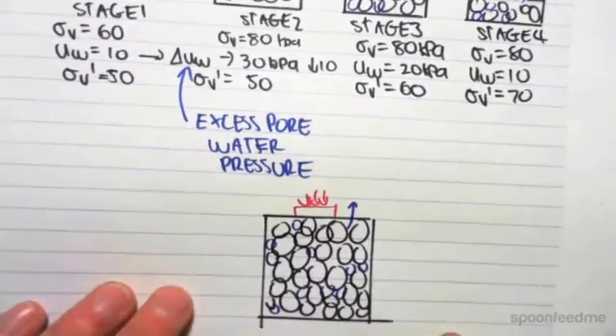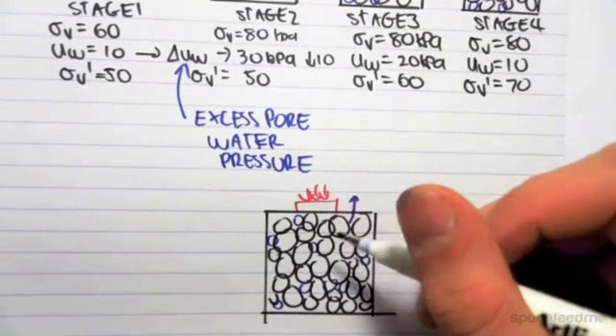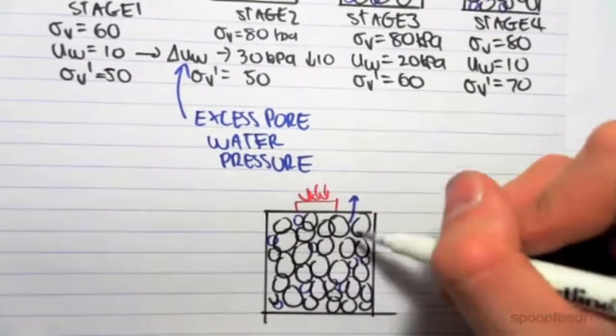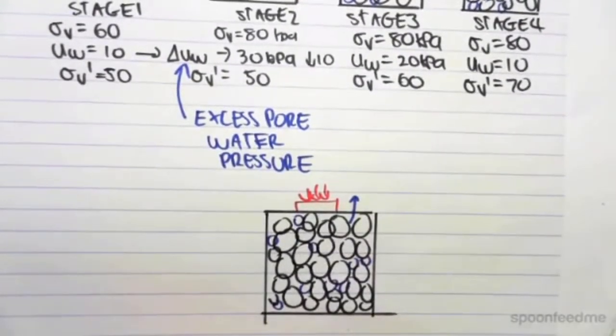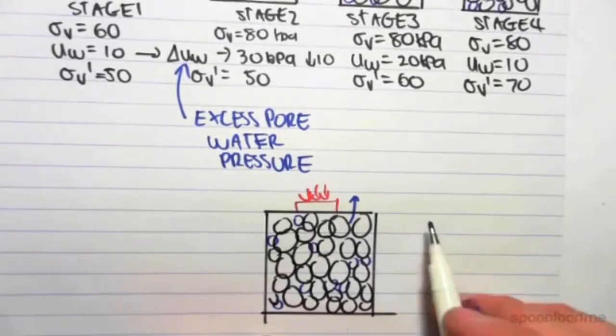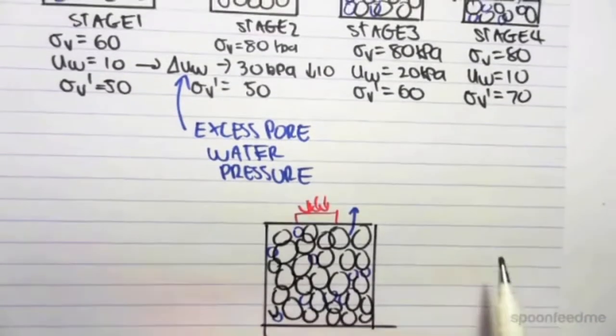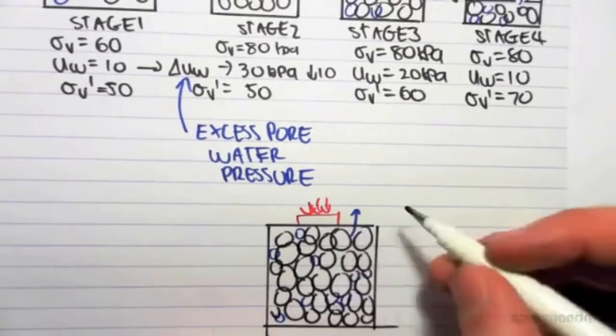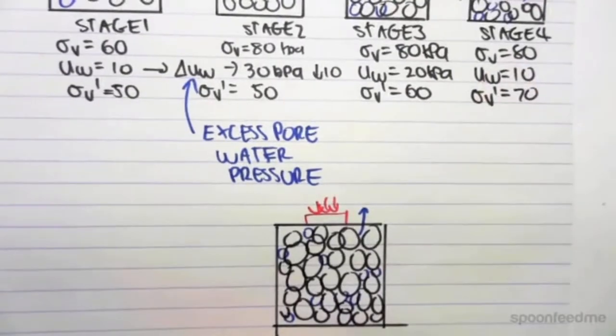Because the clay particles are so fine and so close to each other, it takes time for the water to escape, which means that we're going to get a change in settlement with respect to change in time, where at time equals infinity, all the excess pore water pressure will escape, and we're going to get our maximum settlement.